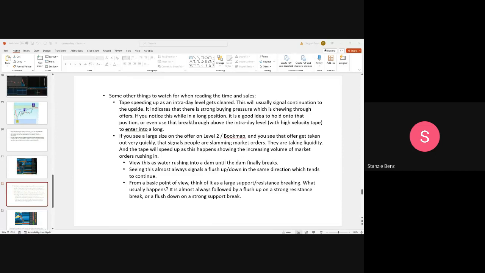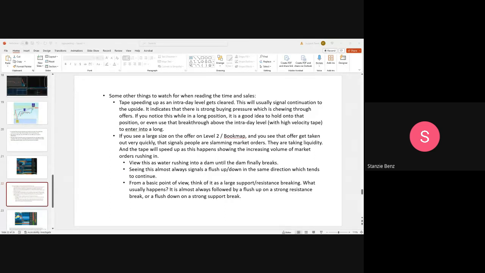I talked about this before, like the dam example. You can view this as water rushing into a dam until the dam breaks. It's showing absorption. Seeing this will almost always signal a flush down or up in the same direction the price is already moving once that level breaks.